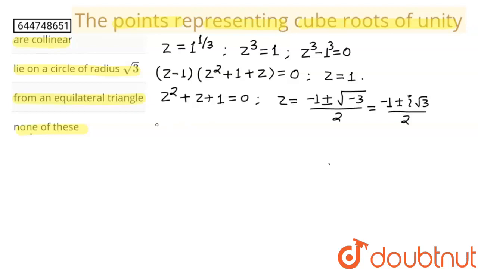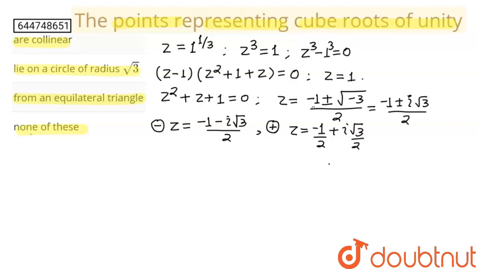I am going to take the negative sign. So the second root will be z equals minus 1 minus iota root 3 upon 2. And by taking the plus sign, our other root will be z equals minus 1 plus iota root 3 upon 2.